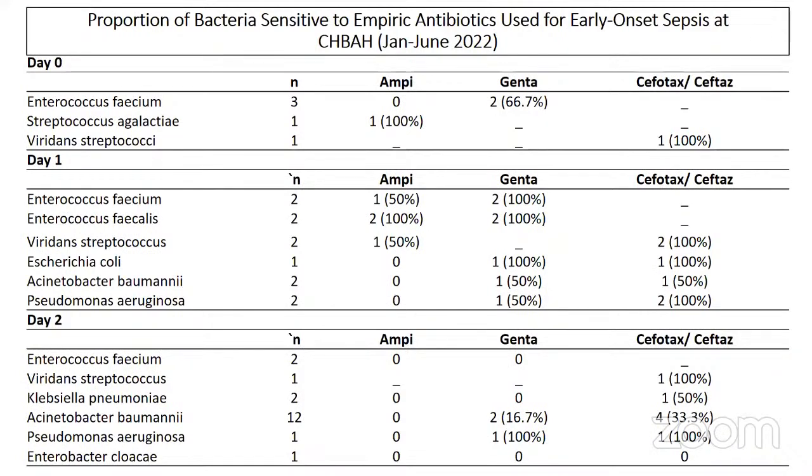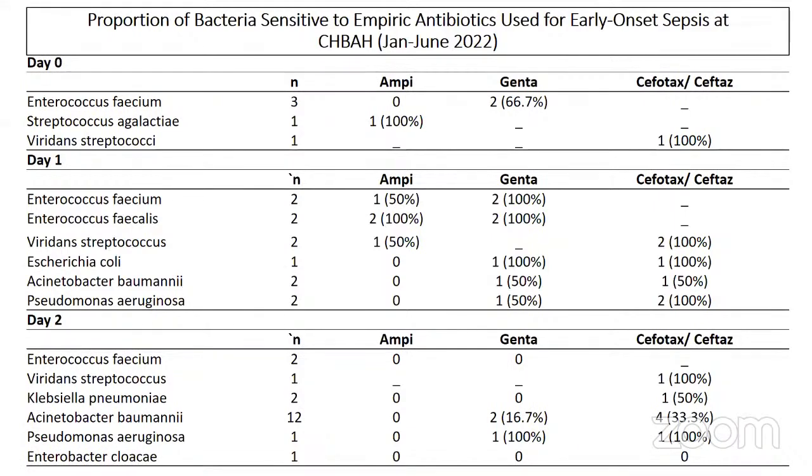But then if you look on that day 1, we had 2 cases of Acinetobacter baumannii and 2 cases of Pseudomonas aeruginosa, and only 50% of those patients were covered by gentamicin. So by day 1, you're already struggling with what we call empiric treatment for patients with early onset sepsis.